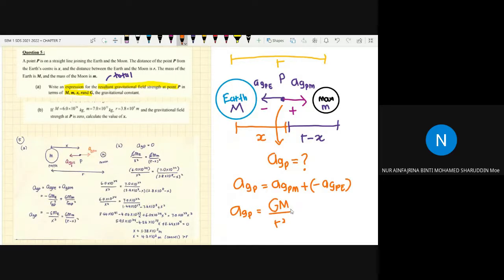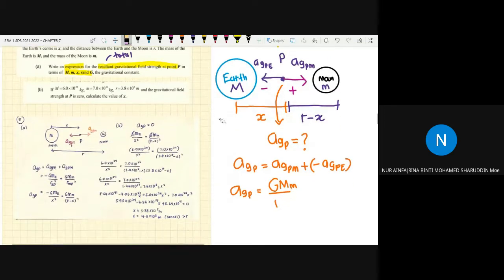Tapi dekat sini M ini akan jadi mass moon dan dia punya distance adalah daripada moon sampailah P. Tambah, sekarang positif negatif akan jadi negatif. So G, mass of earth dan distance daripada earth sampailah P, squared.